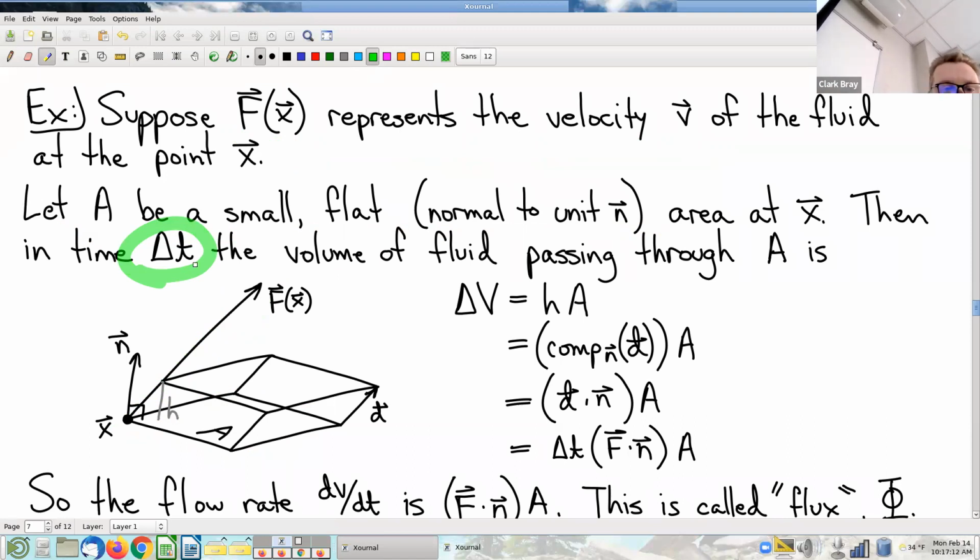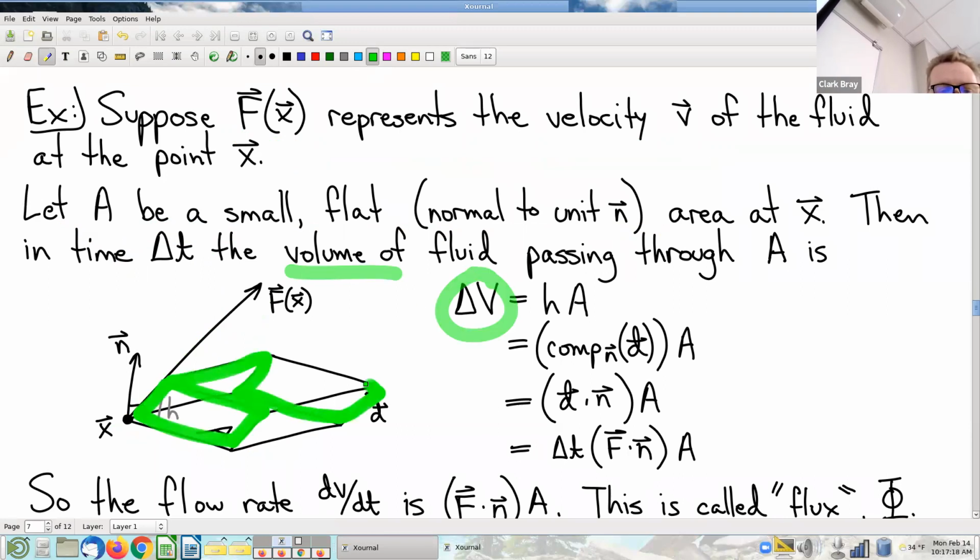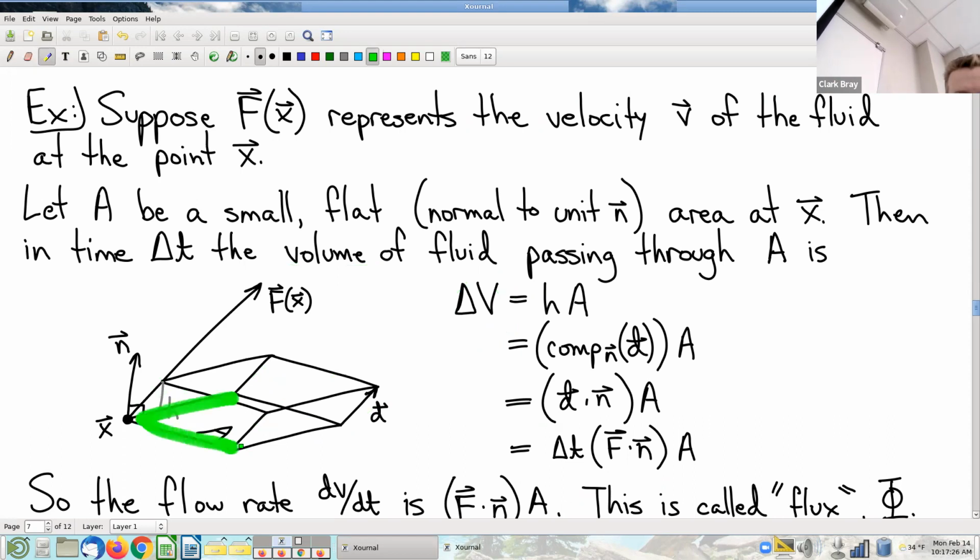In that time, the volume that passes through is the volume of this parallelepiped. When it first starts passing through, it's here, and then as time passes and the fluid flows, each little piece flows up by some vector d.